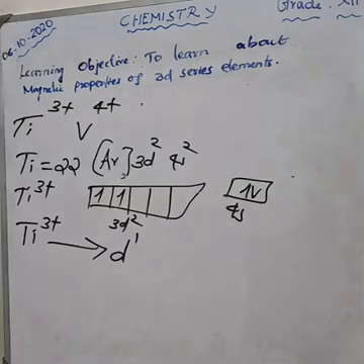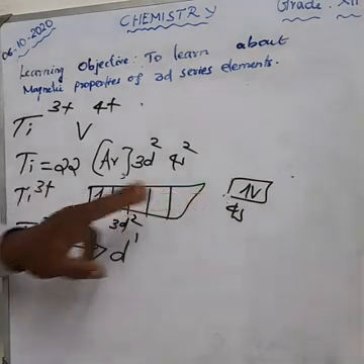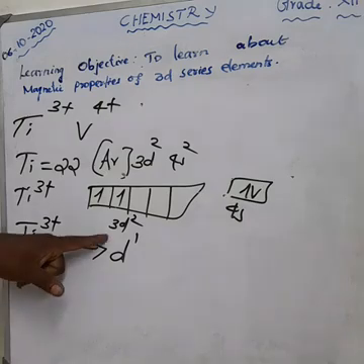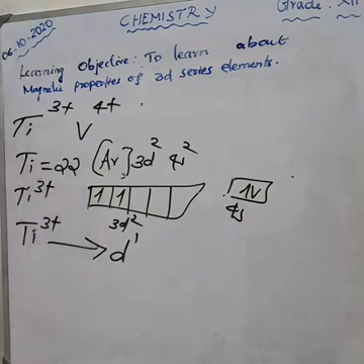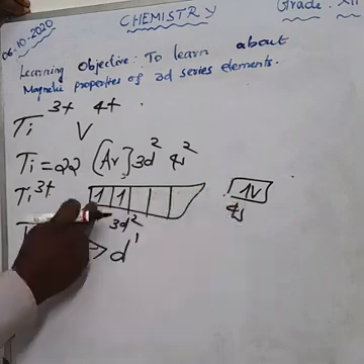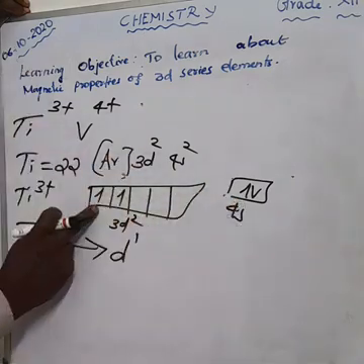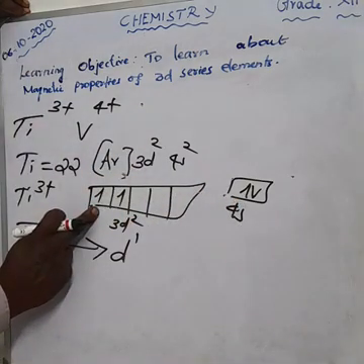Out of 4 electrons, 3 electrons are lost, so we get the d1 configuration. Here, how can you calculate the number of unpaired electrons? The number of unpaired electrons is 1, because out of the 4, 3 are lost and we have only 1 remaining. What is the configuration?